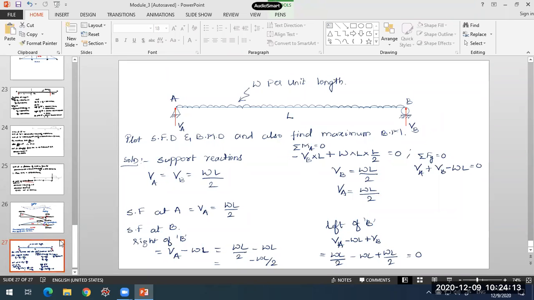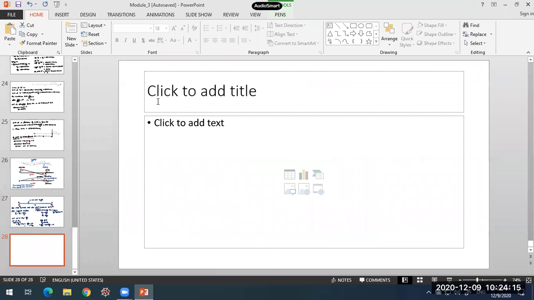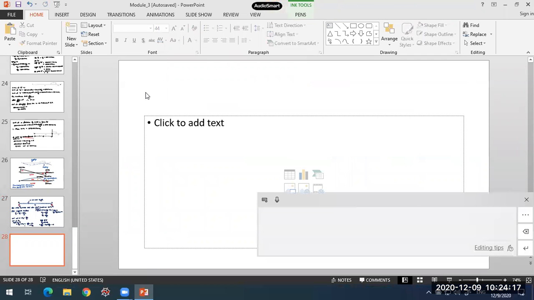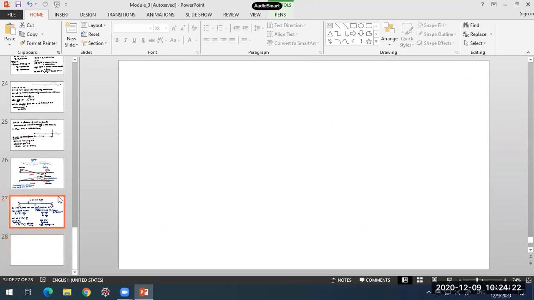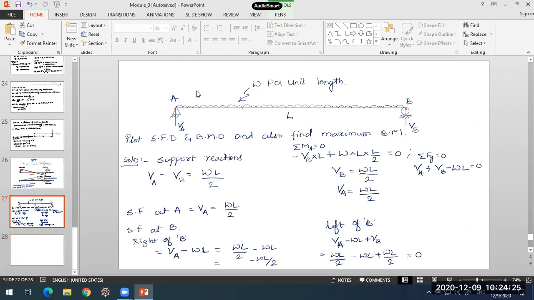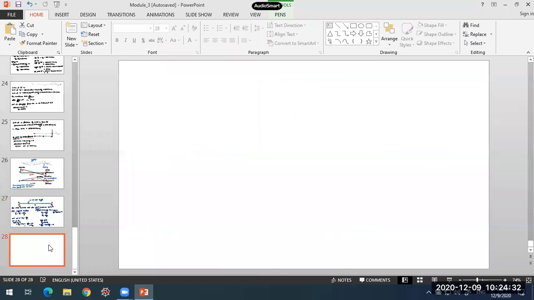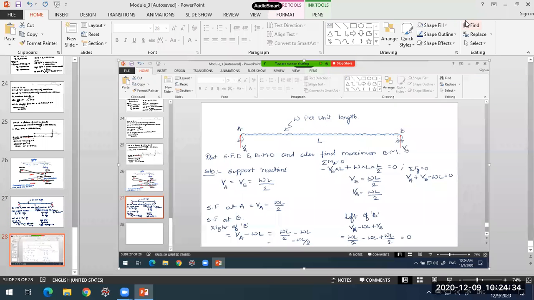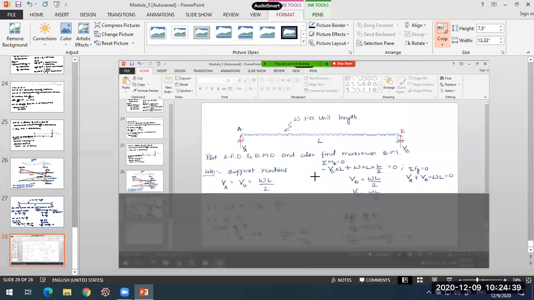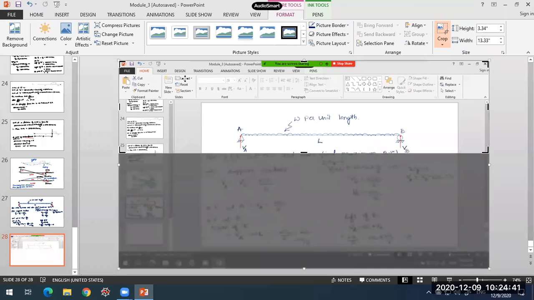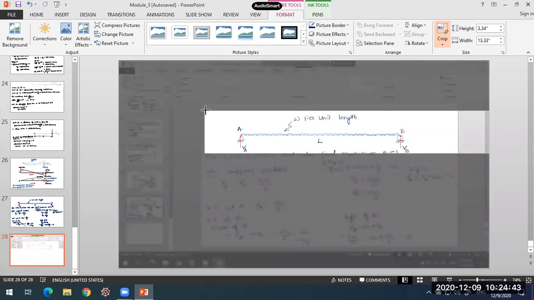Then we'll move ahead with the calculation of bending moment. What I know is that at the two points, supports A and B, the bending moment value will be 0. These are the end supports and I don't have any couple applied at these points, so I can directly write that the bending moment values are 0 at supports A and B. Now we'll try to find where the maximum bending moment will come.